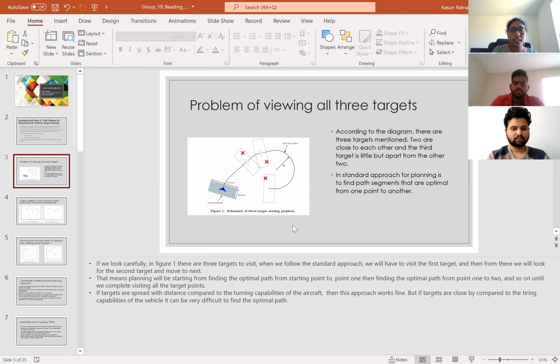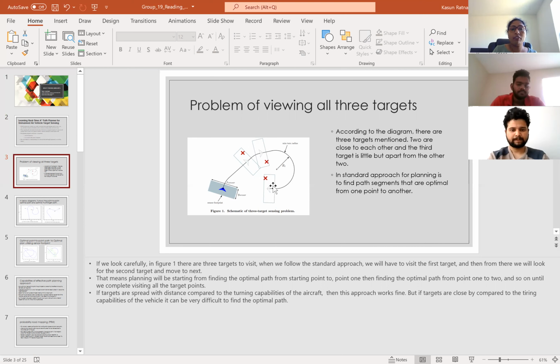So here in this example, we will be able to see a starting point, and then we have three different targets to achieve. If we compare these three targets, we will see that targets 1 and 2 are too close to each other, but target 3 is a little bit away from the other two.